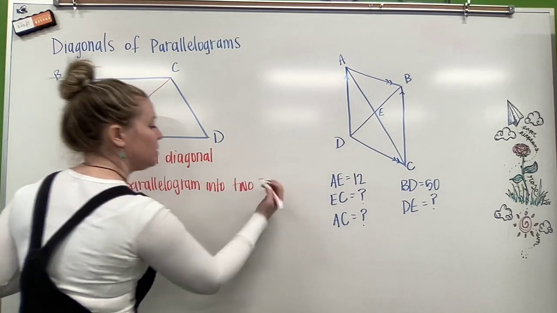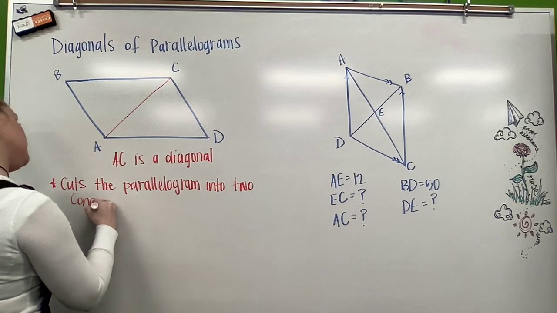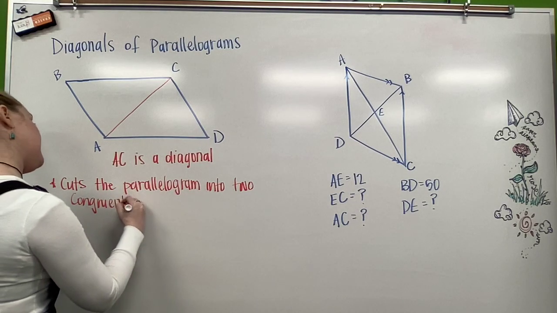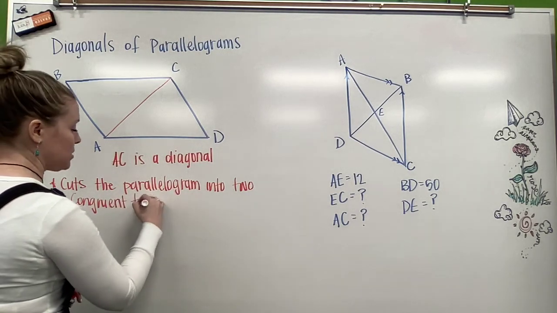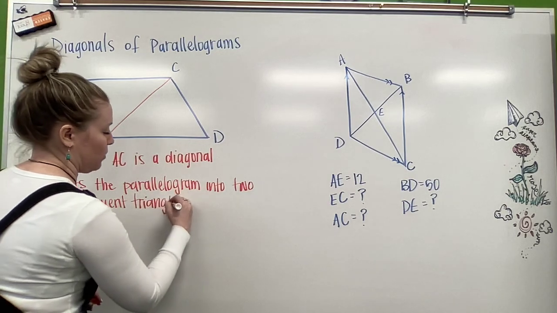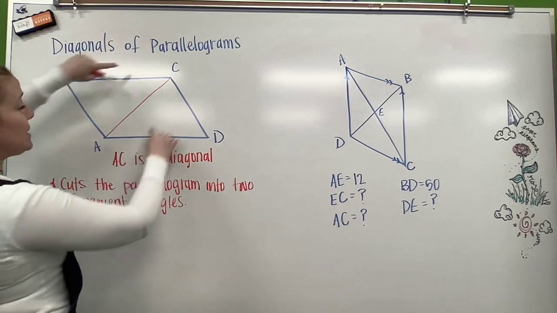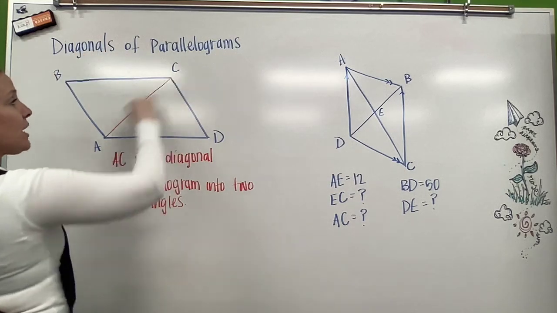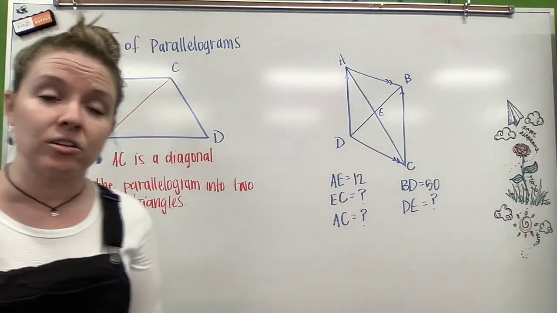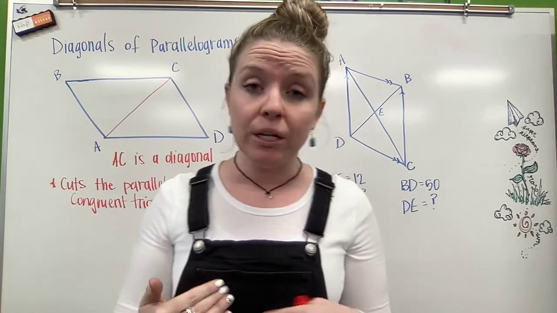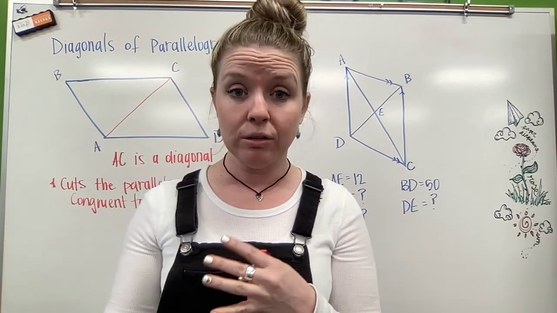And we'll talk about that a little bit deeper when we look at proofs. But what we're seeing here is we know opposite sides are congruent, and they share that side in the middle, that's the diagonal. Those two triangles are congruent using side, side, side congruency.